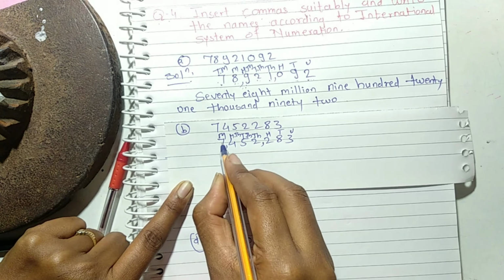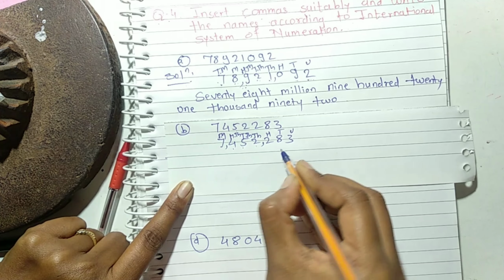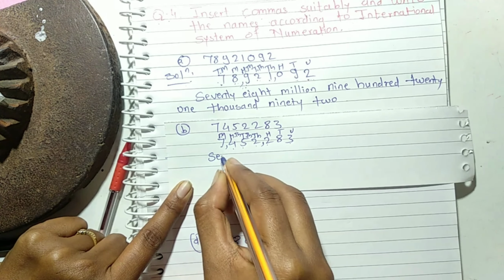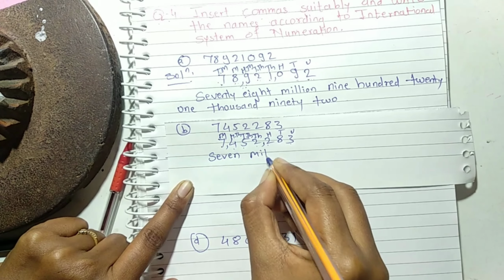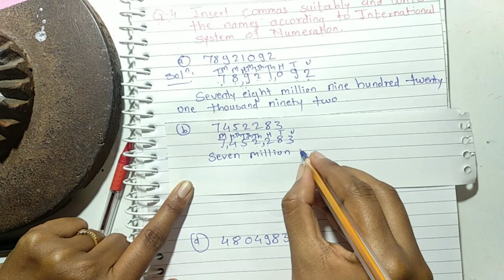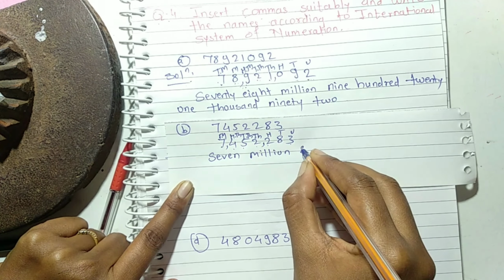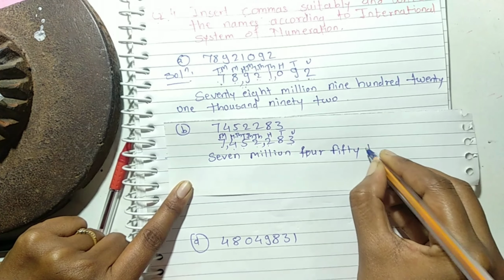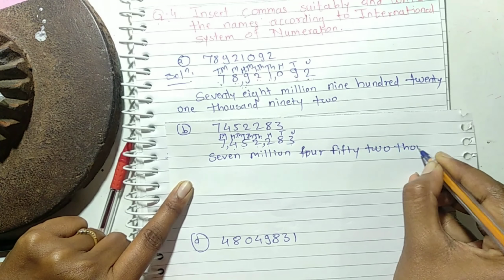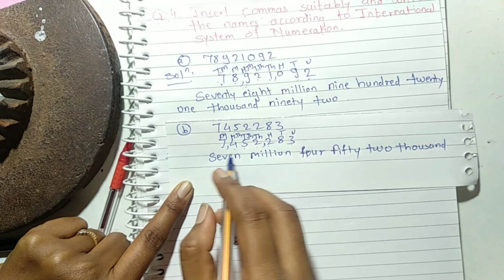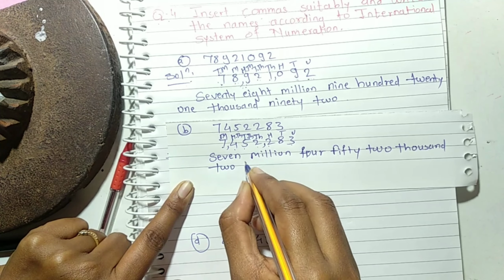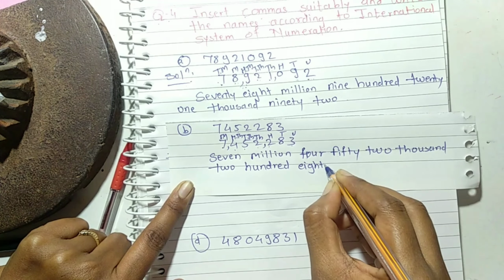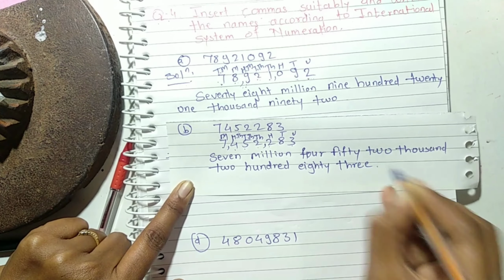Now read carefully: 7,452,283. Write down here: 7 million 452,283.